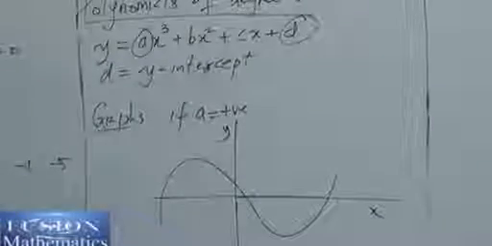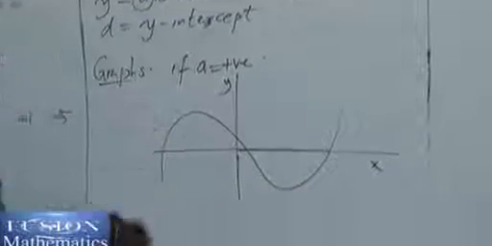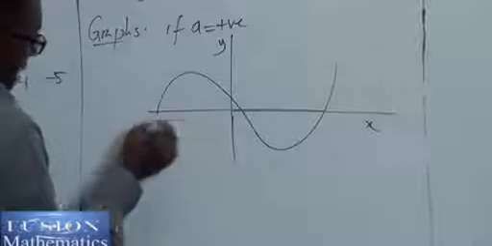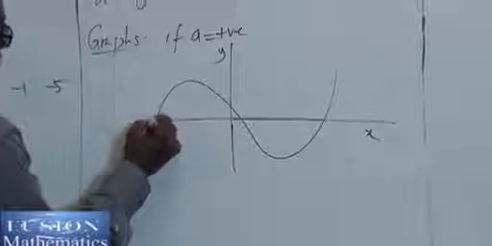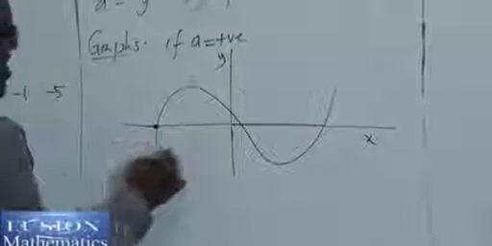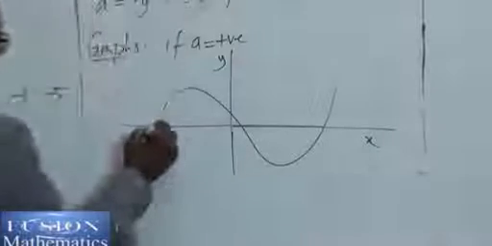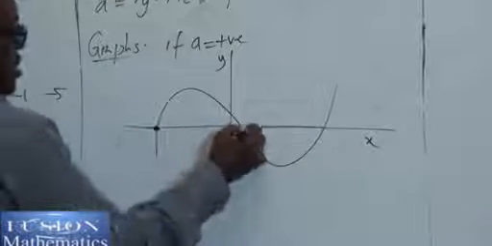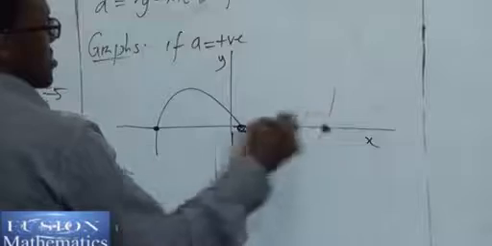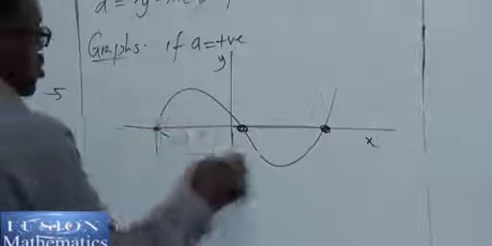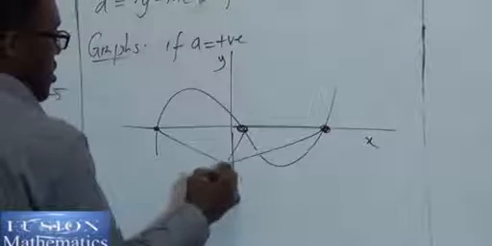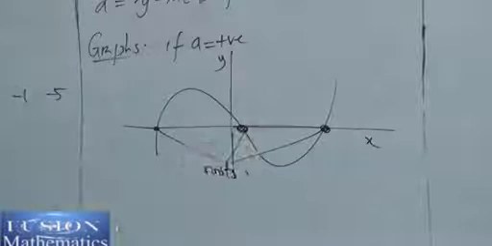Now, from the graph also, you can get the roots of the equation. Like for this graph, this point where the graph cuts the x-axis, this point, and this point are the roots of the equation also.